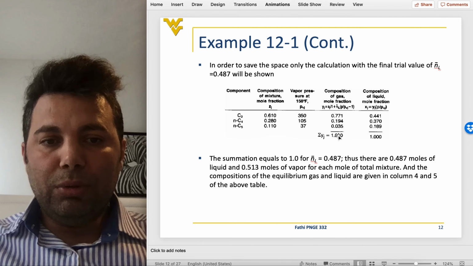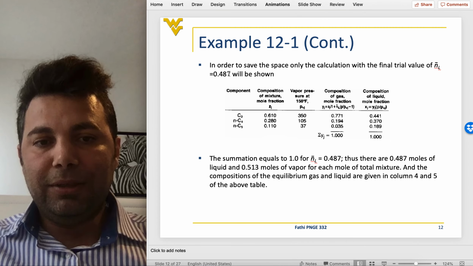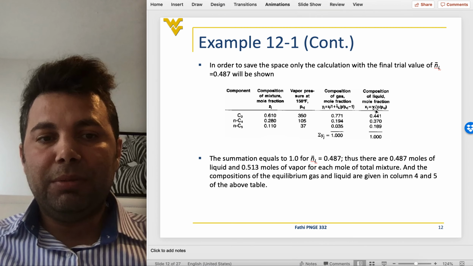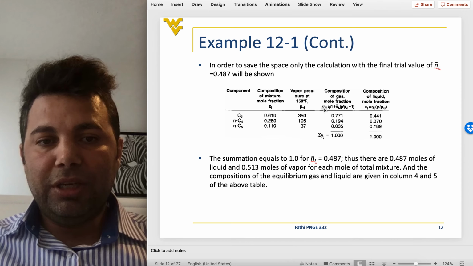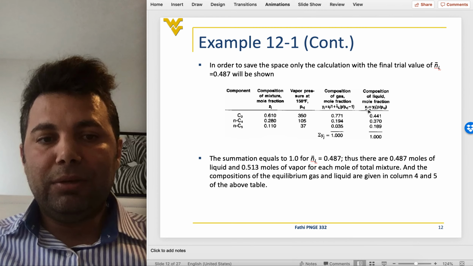If the summation is equal to 1, great. Then it means this NL value is the right NL value. If that's the case, then Xj simply becomes Yj times P over PBj. Again, Yj I already calculated, P total pressure 200 is given, and the PBj I have for every component. So I can calculate the Xj.